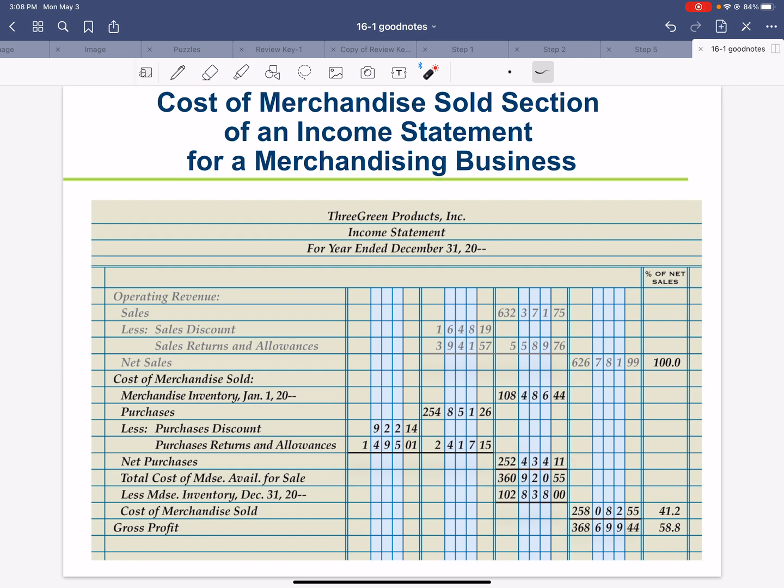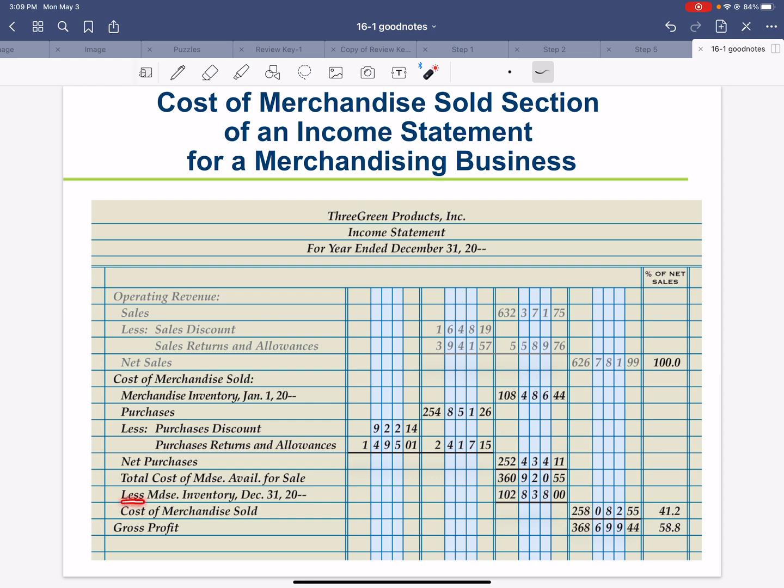So right now we have the beginning inventory plus all the purchases we made. So then we're going to take those two numbers and add them together for our total cost of merchandise available for sales. So we have our beginning merchandise inventory plus our purchases, and this amount right here represents the total that we have for sale.